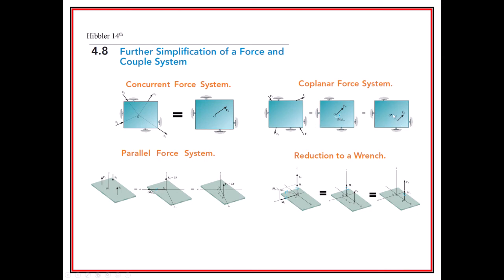Then later we can find a particular spot where we could put that single force, that would not only represent the force but also create the moment of all those other things. So we have a whole bunch of different forces acting onto this thing, and we can condense it down into a single force at a particular location that would represent all the work going on there.